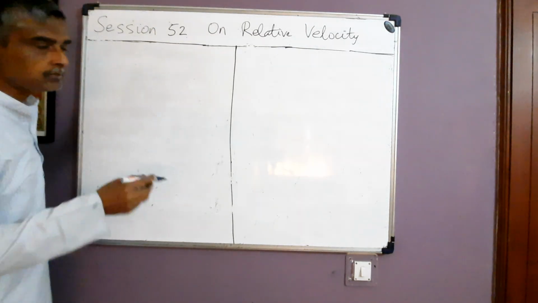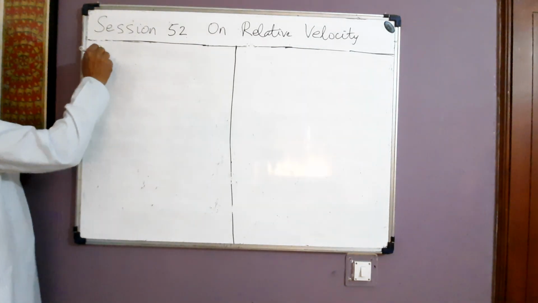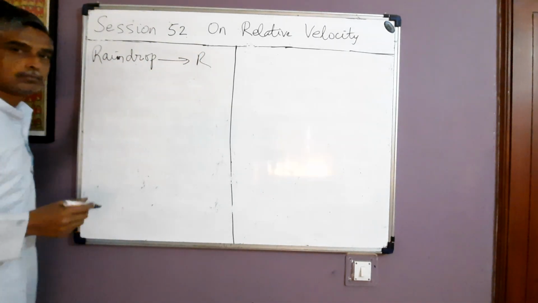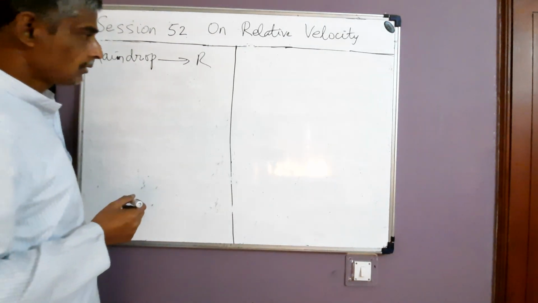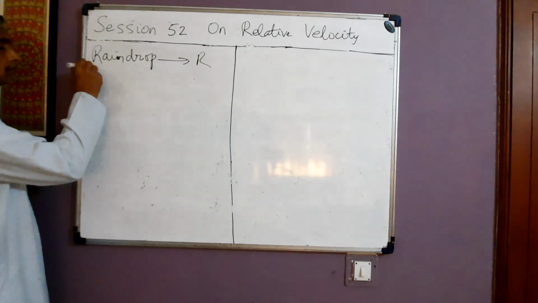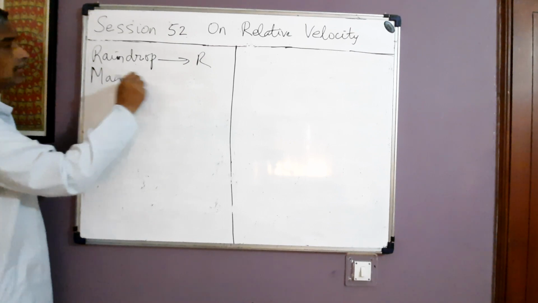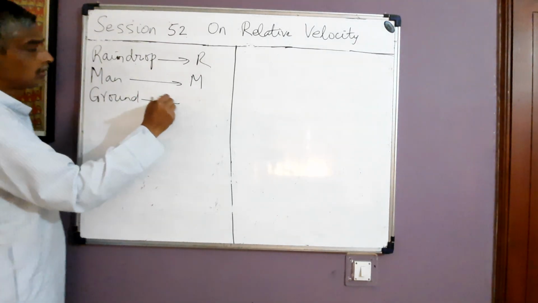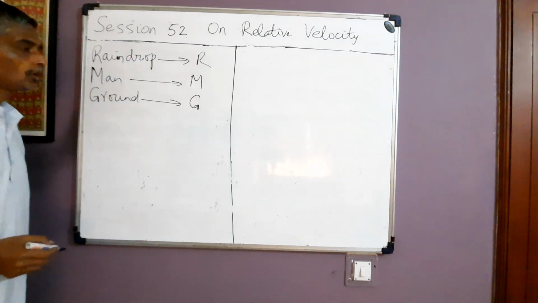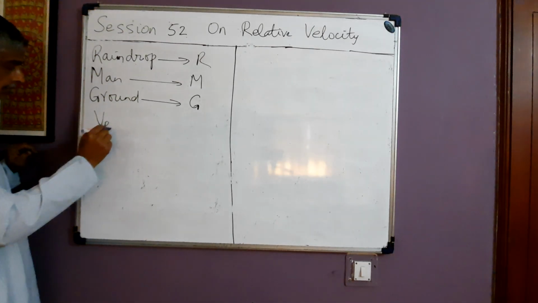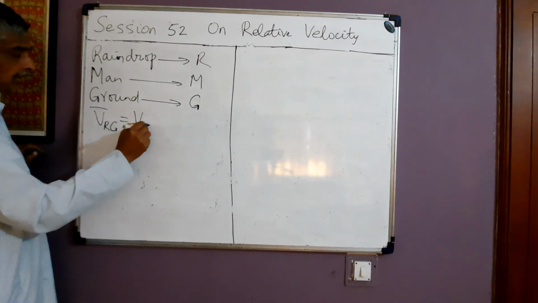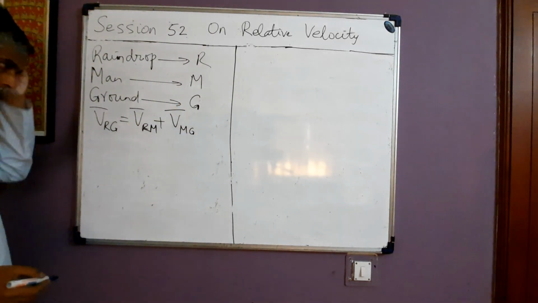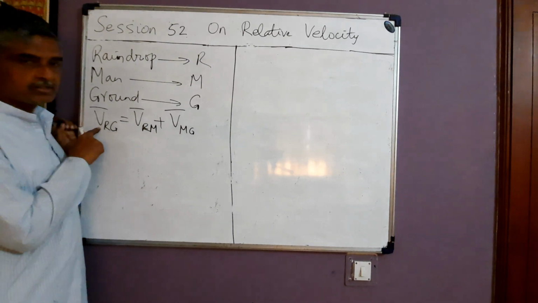The object under consideration is raindrops, denoted by R. Instead of the F frame we have the man frame denoted by M, and instead of the ground frame we have G. Now I write down the vector equation: VRG is equal to VRM plus VMG.